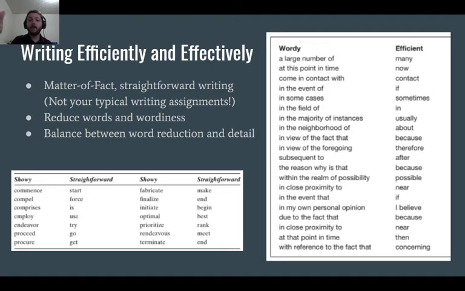Instead of saying a large number of, you can just say many. Or in close proximity to, you can just say near or nearby. You don't need to draw out your sentences, paragraphs, and documents with unnecessary, fancy words that get in the way and potentially confuse your reader.